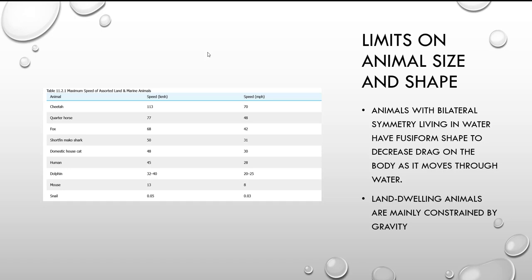Right. So as far as body plans, we know that our animal size and shape, there's some limits to that. So we know with animals, if we think of our mobile animals, our terrestrial and aquatic species that are mobile, they tend to have bilateral symmetry, and especially the aquatic animals, they have what's called a fusiform shape.